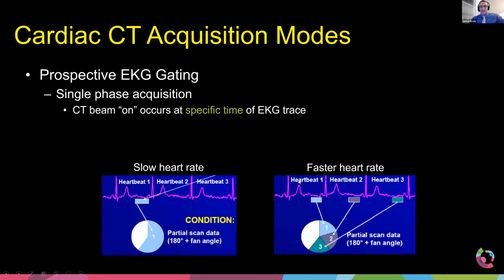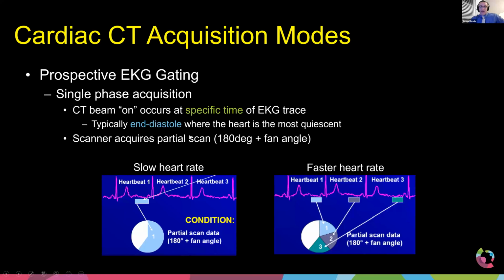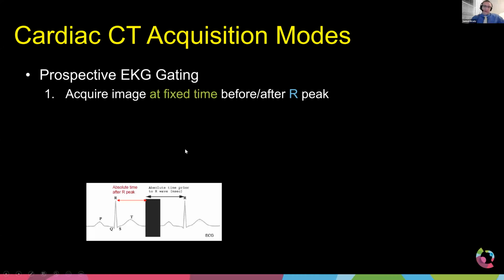The CT scanner can then see that trace and know when to turn the scanner on and off to collect the information it needs, without overexposing the patient. This is what we call prospective EKG gating, where you turn on the CT scanner only at a certain location along the heartbeat.